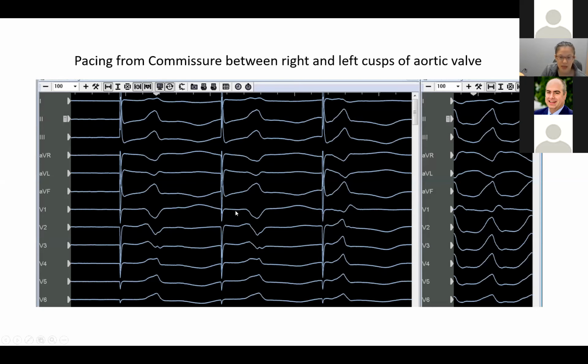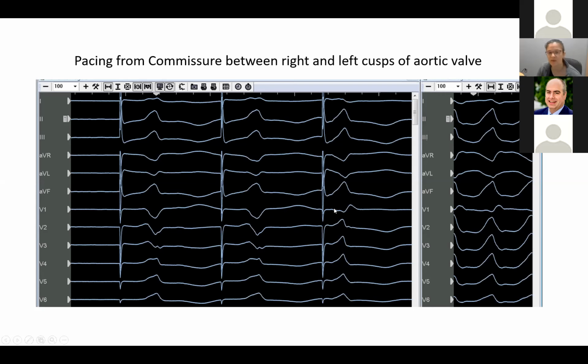And then as we paced, we could also see some other morphologies with a different stimulus to QRS interval, with a right bundle here and inferior axis. This is just that VT2 to remind you what that looks like, and you can see that those are very, very similar in morphology.